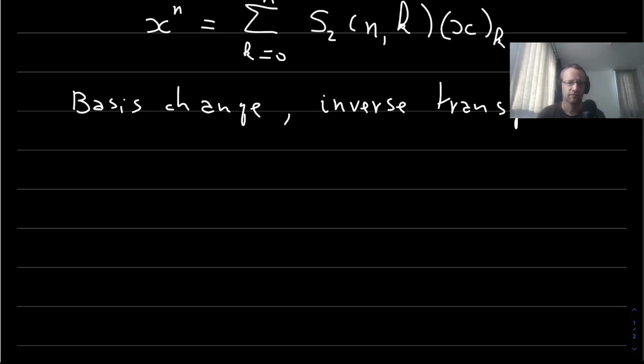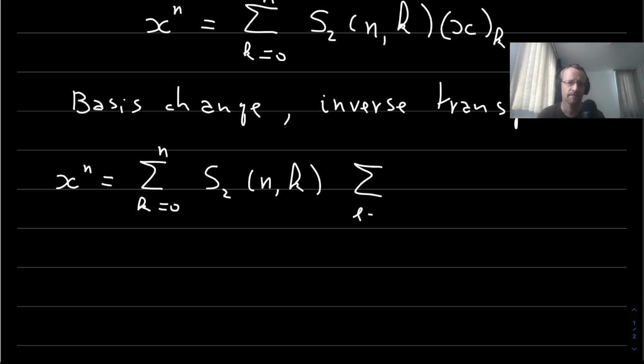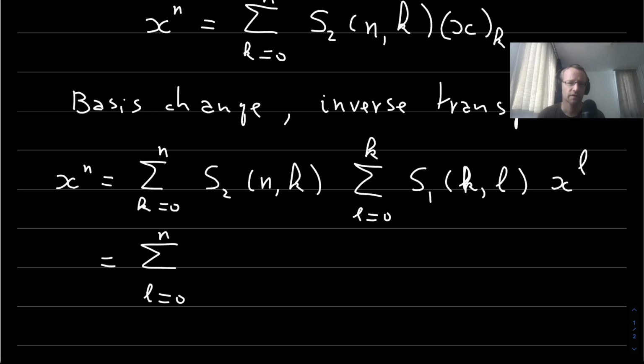And then if we compute some practical consequences of the fact that they are inverse, we can, for instance, start with the definition of the second Stirling number, change basis, but then change basis again, using the definition of the first Stirling number, after some manipulation of the sum.